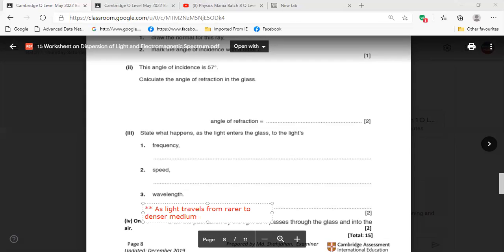This is note, okay? As light travels from rarer to denser medium, speed decreases, hence wavelength decreases.